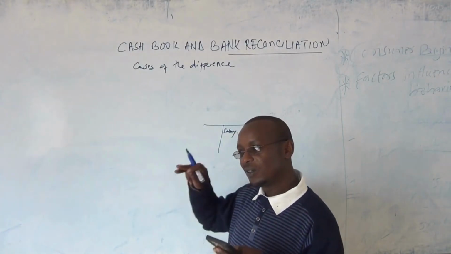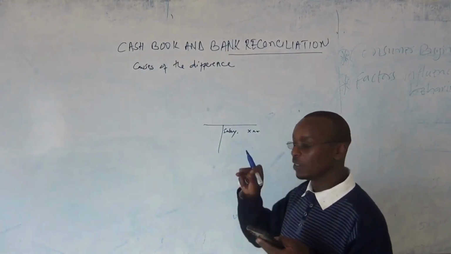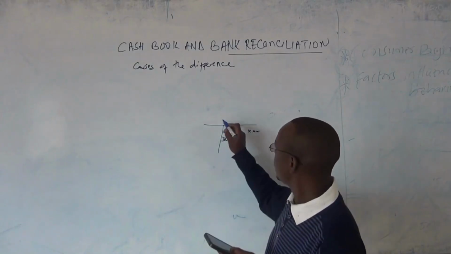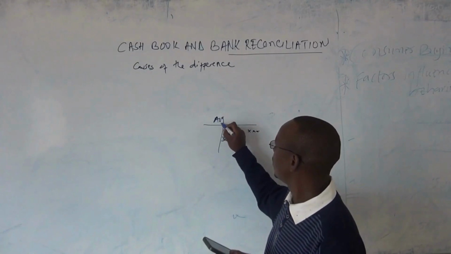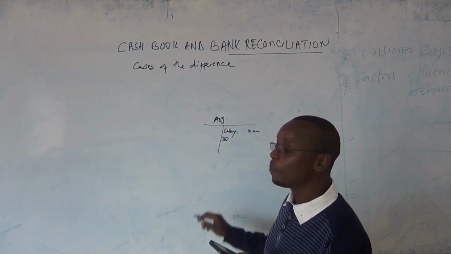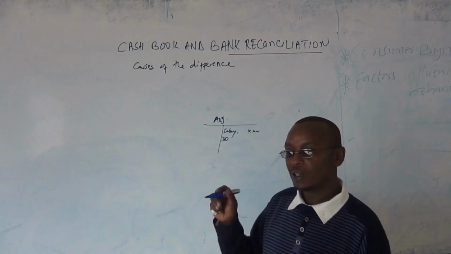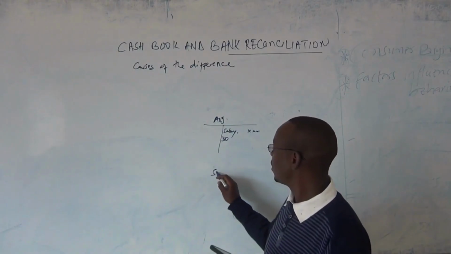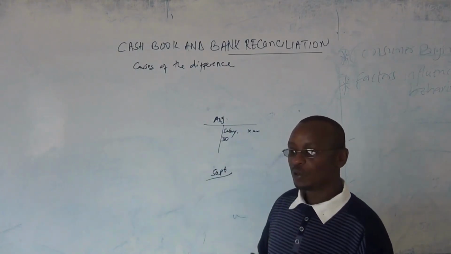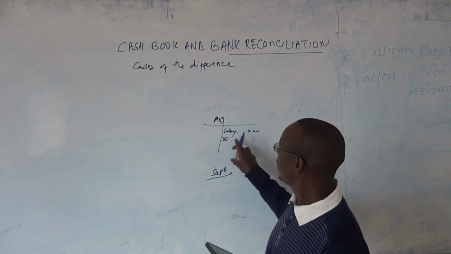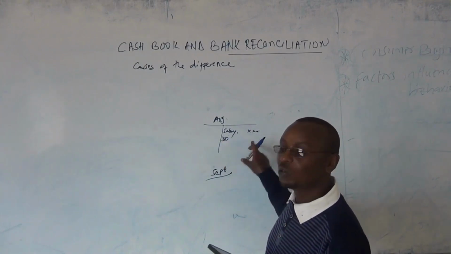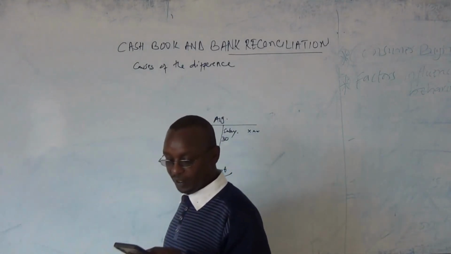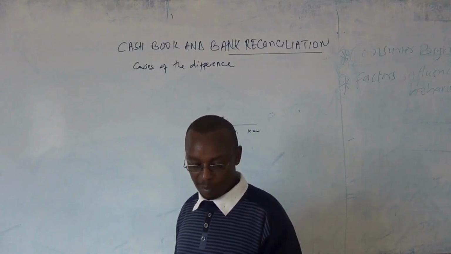So in that period, if you get the statement, especially say you gave out this check on that day, you record it, this is August 30th. But you find that this person will present it to the bank, then maybe it takes 2 days. So when will it go? It will enter September. Isn't it? So when you're doing the bank reconciliation for August, this amount will be in your cash book, but will not be in the bank statement. So that is one. That is a delay of a day or two in sending the check to the bank.